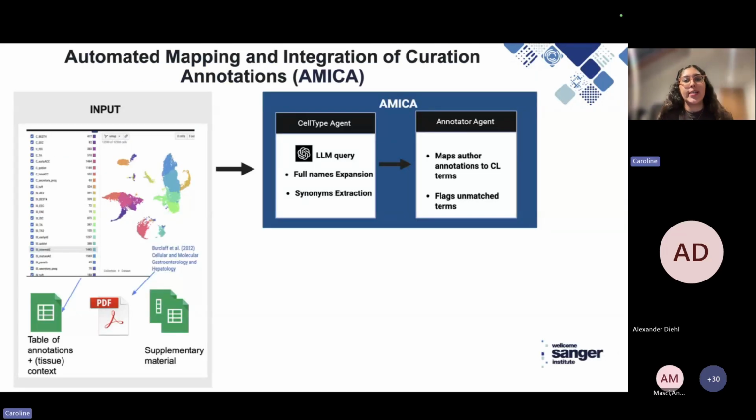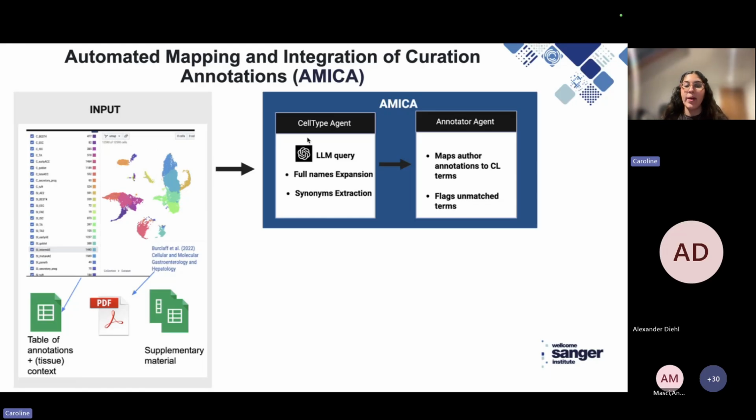So going into more detail on each tool and what they do, starting with Amica. Amica stands for Automated Mapping and Integration of Curation Annotations. It's an agentic AI tool, and Amica is given an author table of annotations, like here, along with the publication and the supplementary material that describes this dataset.